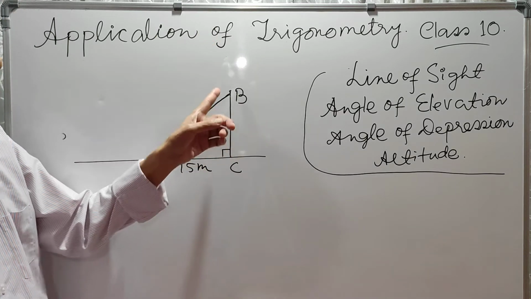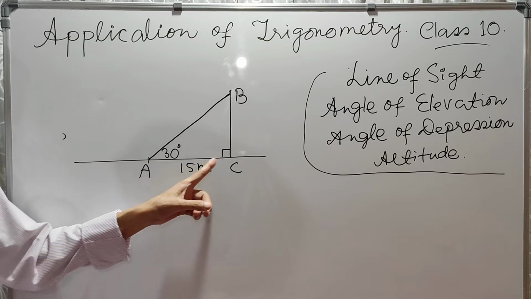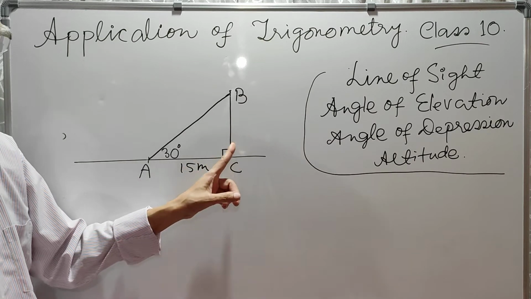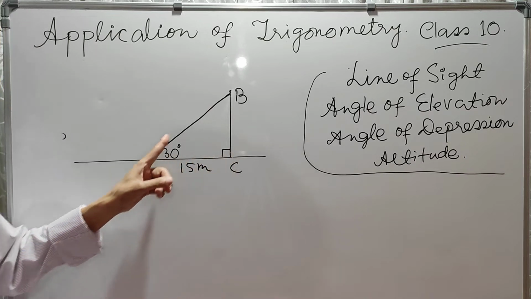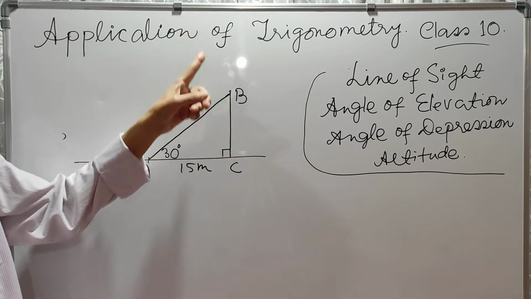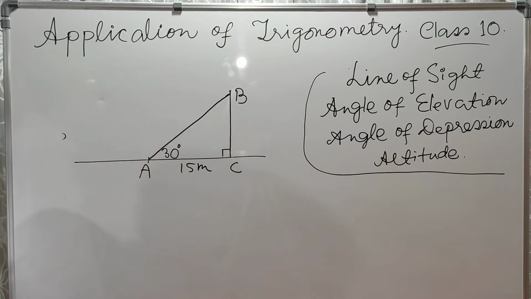So the tree broke at the point B, and the broken part touched the ground 15 meter away from the root, the bottom of the tree. That means the tip of the tree touched the ground 15 meters away.